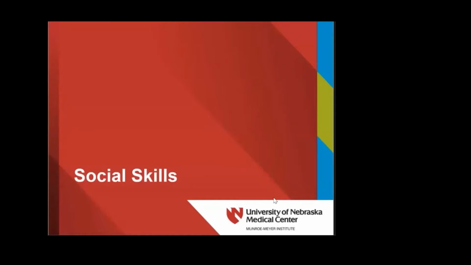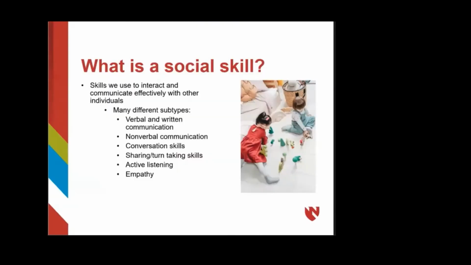Hello, everyone. Thank you so much for joining us today. Today, we're going to get started talking about social skills. So, social skills are skills we use to interact and communicate effectively with other individuals.